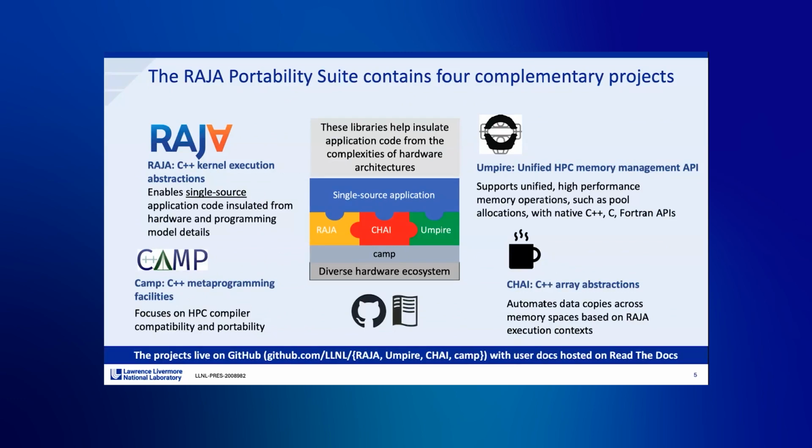Umpire provides memory management across different types of memory. And finally, Chai provides automatic data movement between different memory spaces based on Raja execution context. All 4 of these projects live on GitHub with documentation in their respective read the docs pages.